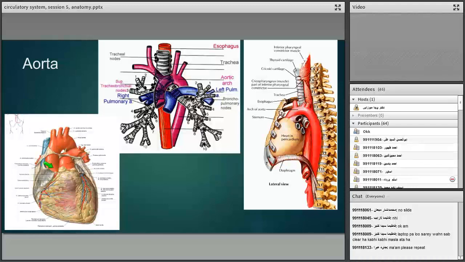The aorta is also branching from the left ventricle, from the conus arteriosus, and it is placed on the right side of the pulmonary trunk. The aorta is placed on the right side and also in front of the pulmonary trunk.